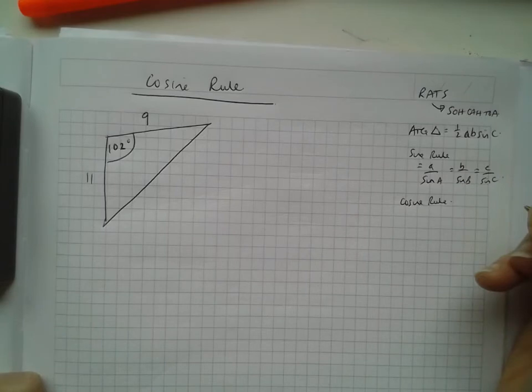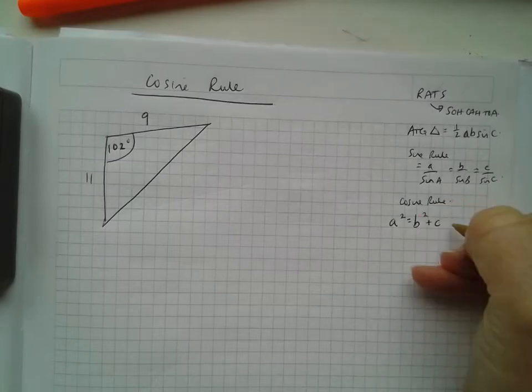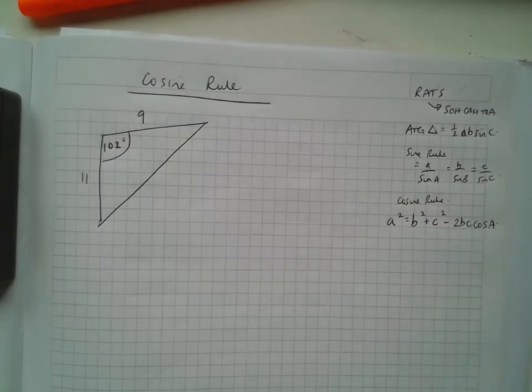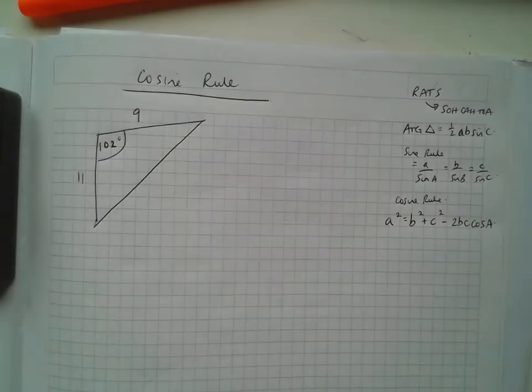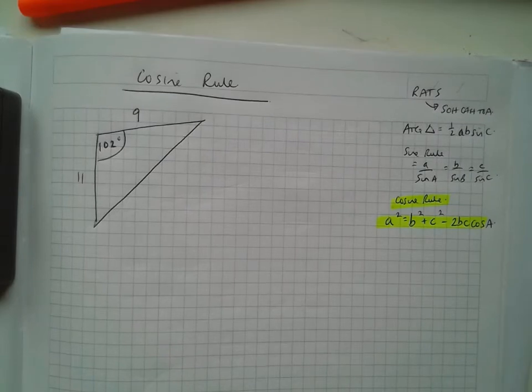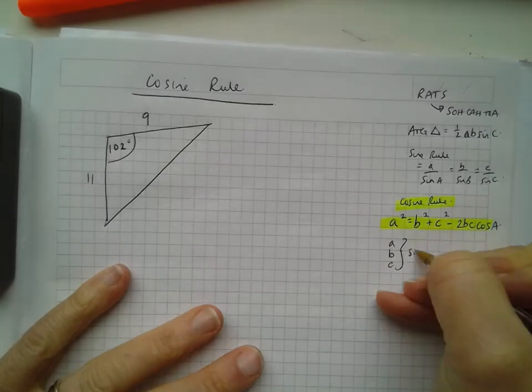It is a squared equals b squared plus c squared minus 2bc cos A. You can see that it's that bit nastier. If you remember, a, b, and c are all sides, and A, B, and C in capital letters are all angles.